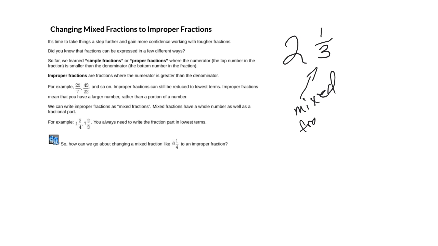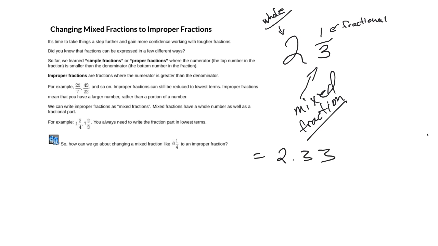fraction. Now, the reason why we call this a mixed fraction is because it has a whole number, meaning the number of wholes our fraction has, and a fractional part. Now, an equivalent number to this would have been 2.33.